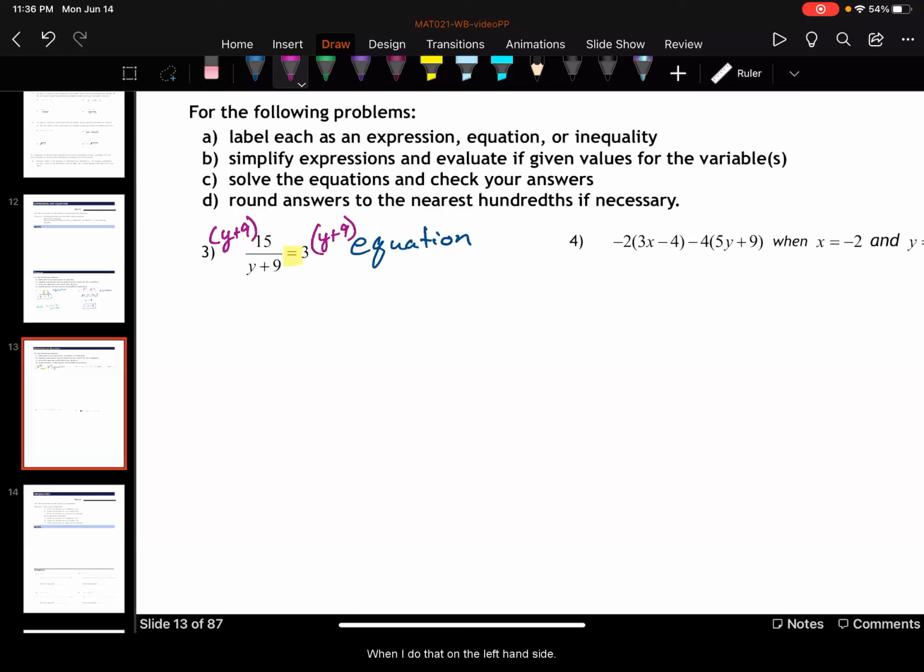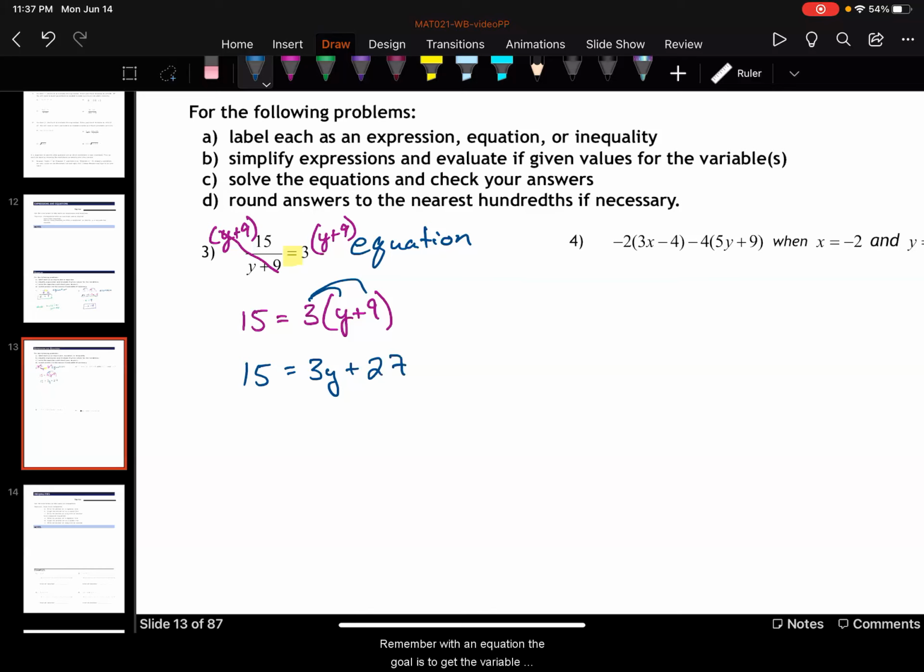When I do that on the left-hand side, those would divide out and go away, leaving us with just 15 equals, and then on the right-hand side, we will have 3 times the quantity y plus 9. We need to distribute our 3 into the parentheses. 15 equals 3y, and 3 times 9 will be 27, so plus 27.